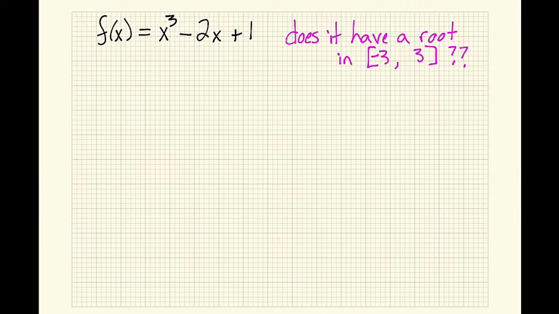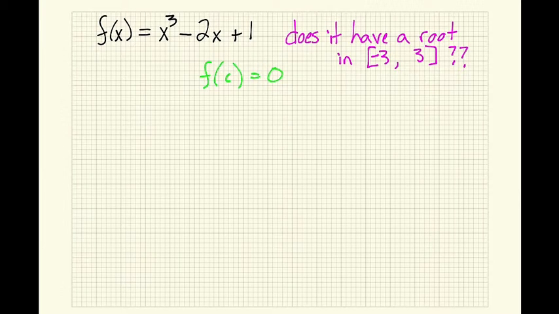All right, here is an example of how you might use the intermediate value theorem. I have this function f of x, and I want to know whether or not it has a root in the interval -3 to 3. So another way to ask this question, in intermediate value theorem language, is: does there exist a point c such that f of c equals 0?